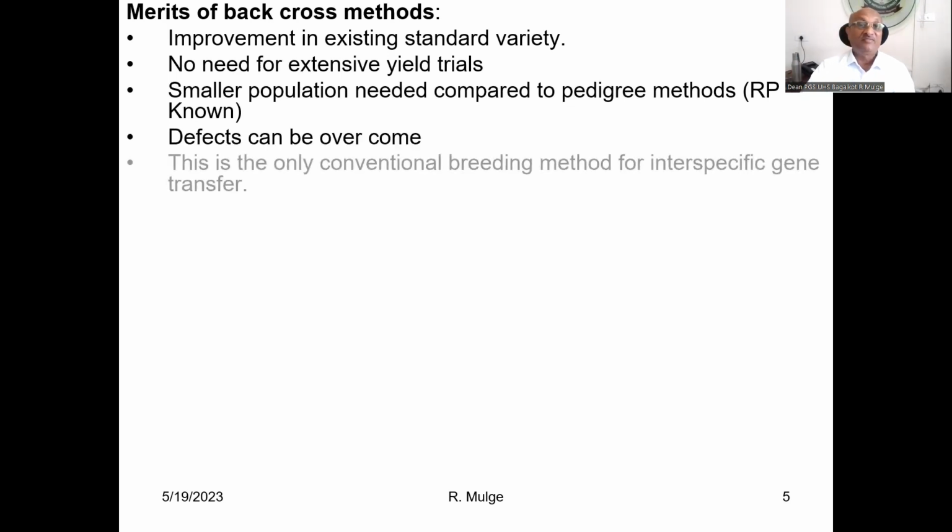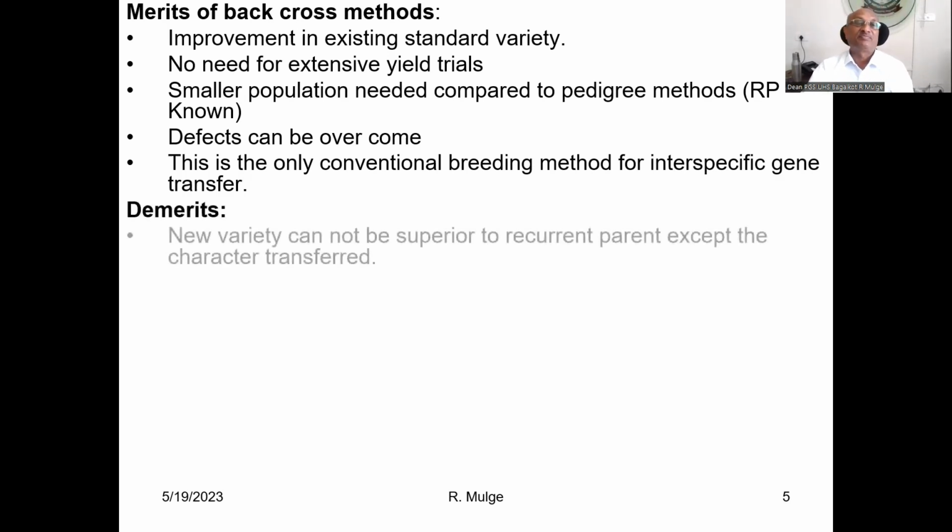Defects can be overcome: any one or two characters can be eliminated by backcross breeding and selection. This is the only conventional breeding method for interspecific gene transfer, from one species to another species, though cross compatibility and other issues can be there.